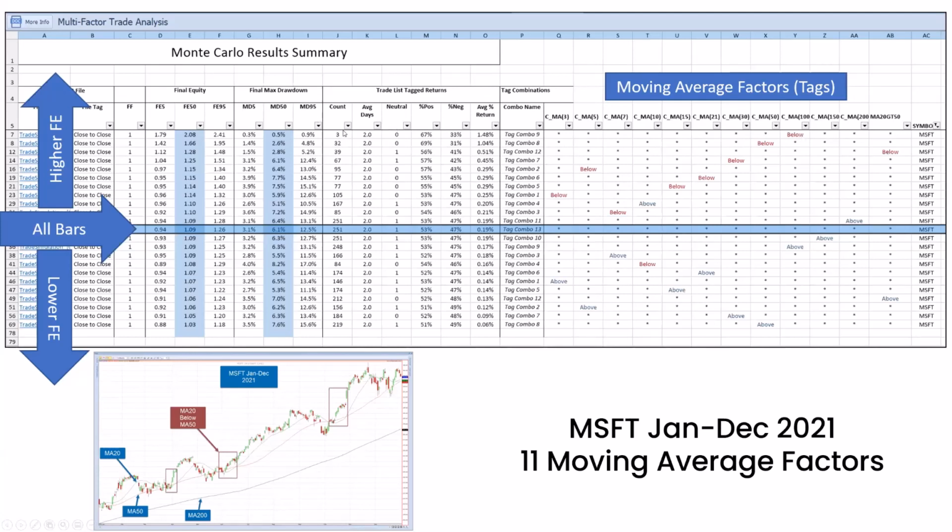There were only 3 bars in 2021 in Microsoft where the close was below the 100-period moving average. 2 of those were positive outcomes, and 1 was a negative outcome.